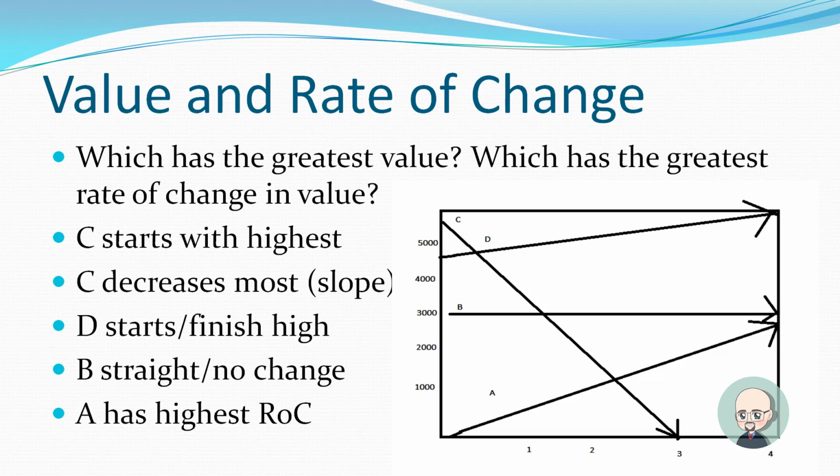So it has a slope of 0. A has the highest rate of change, okay, because it's going up. It has the greatest increase, the greatest rate of change in value, okay, because you look, it starts at 0, it goes up, it hits nearly 3,000.